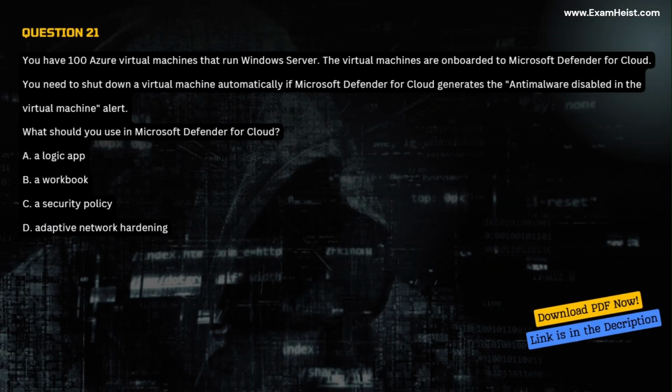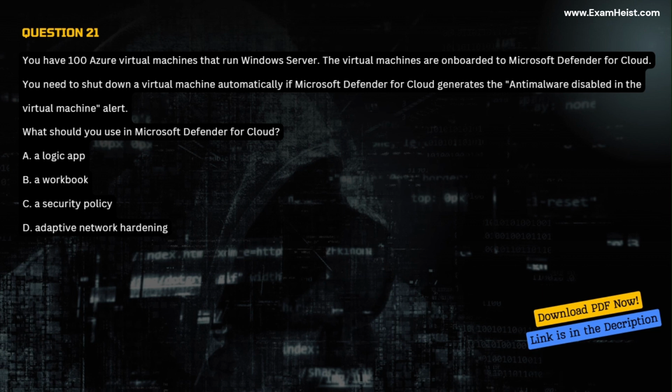Question 21. You have 100 Azure virtual machines that run Windows Server. The virtual machines are onboarded to Microsoft Defender for Cloud. You need to shut down a virtual machine automatically if Microsoft Defender for Cloud generates the anti-malware disabled in the virtual machine alert. What should you use in Microsoft Defender for Cloud?